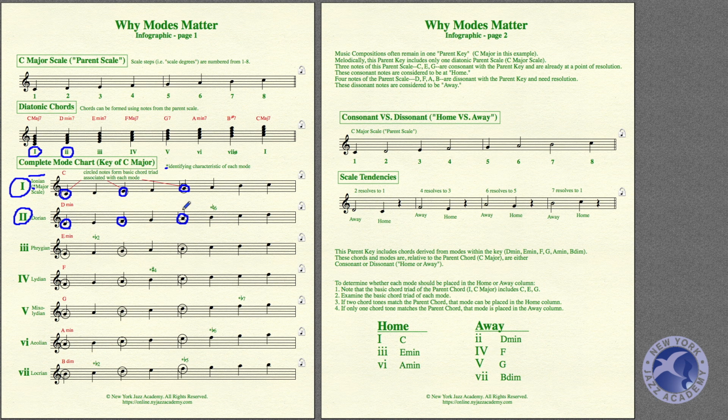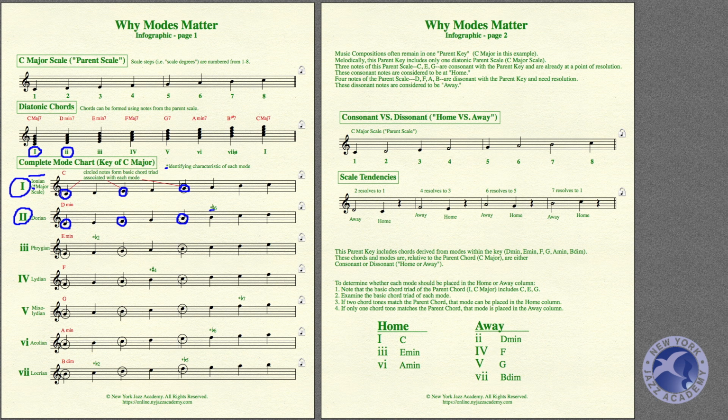And the identifying characteristic of this is not just that it's minor, but it's right here, this note. This is a natural 6. Let's hear that. D minor, if we were doing just a natural minor, it would sound like this.